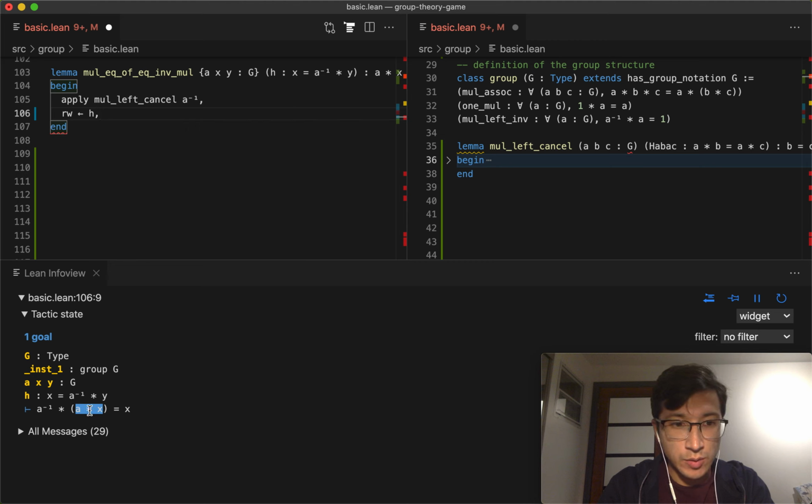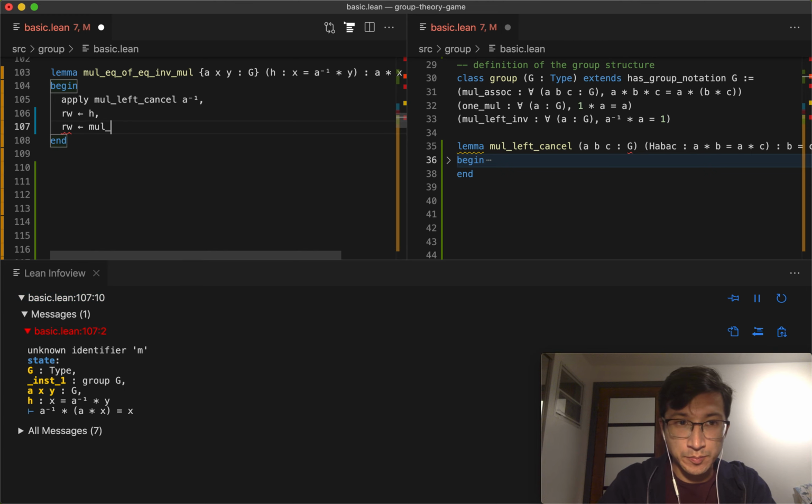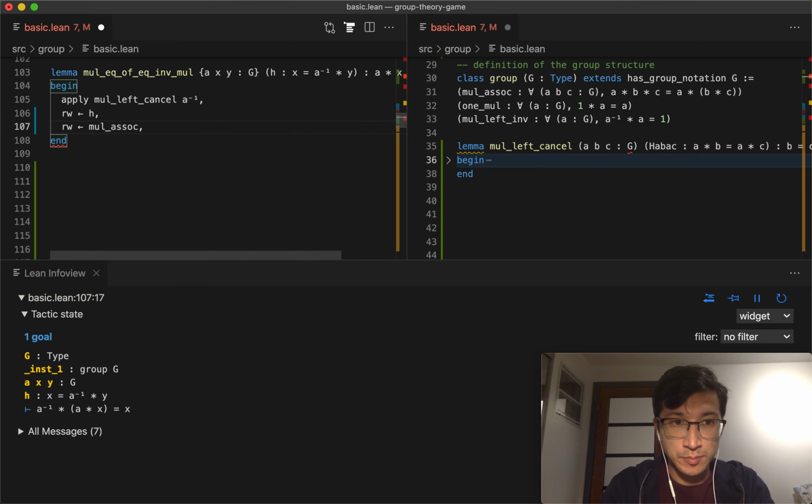However, right now we see that the parentheses are around the second multiplication here. We'd like to do our rewrite on the first multiplication. So first we'll do a rewrite of mul_assoc in the left direction. Perfect.